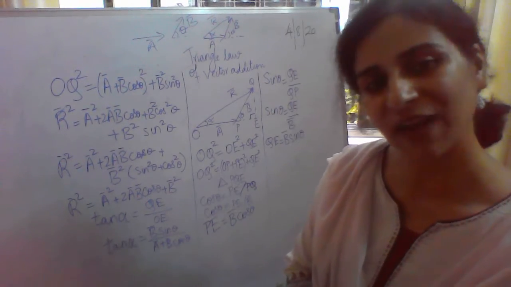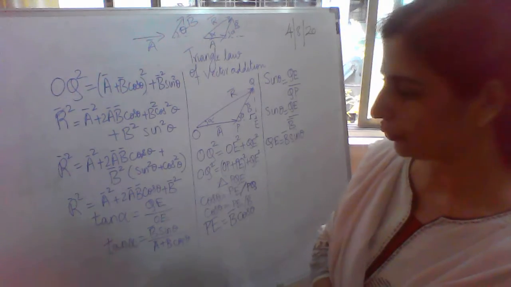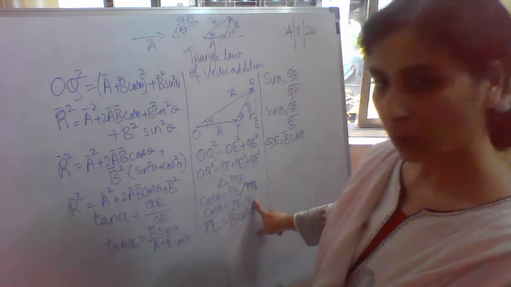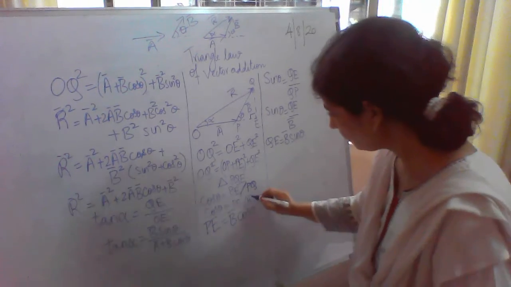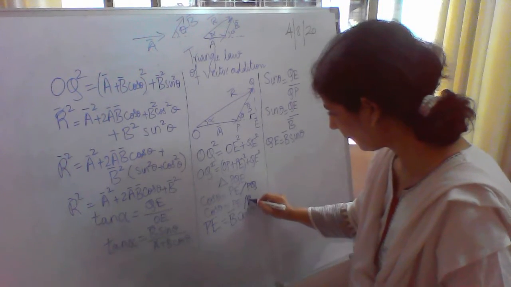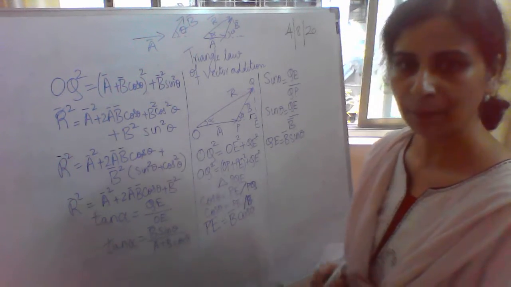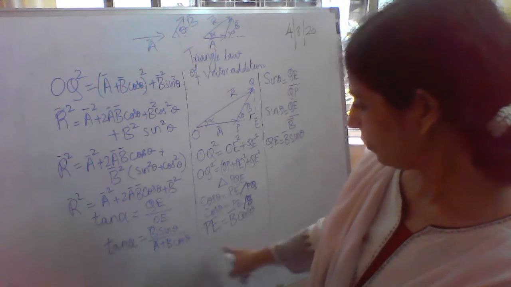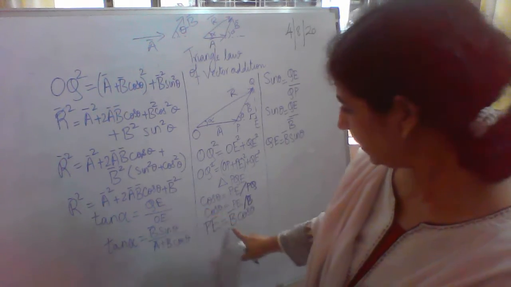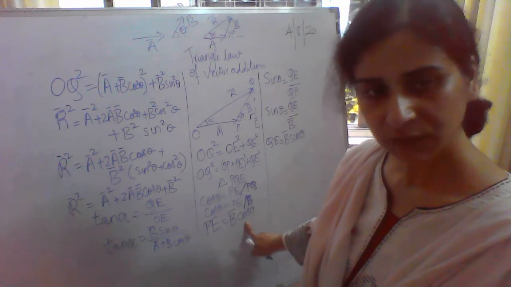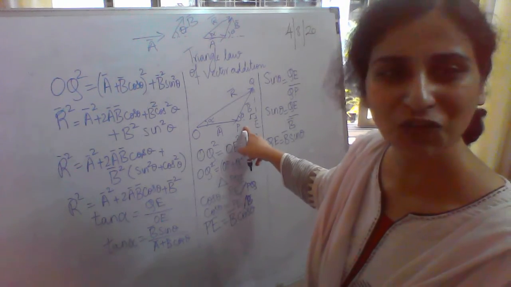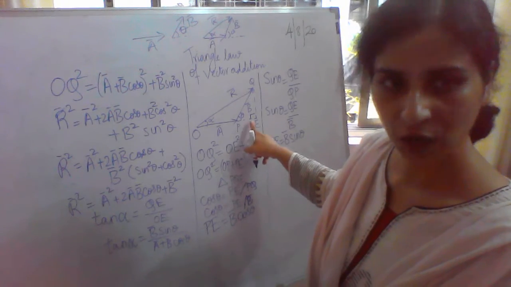Yes, PQ is vector B. So cos theta is PE divided by vector B. Now I take the denominator B across, so PE is B cos theta. This is like resolution of vectors.